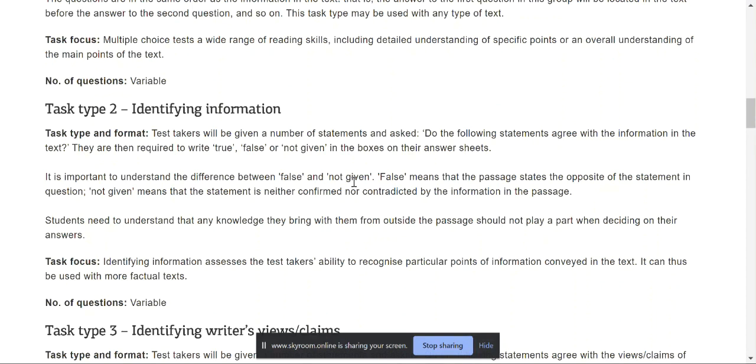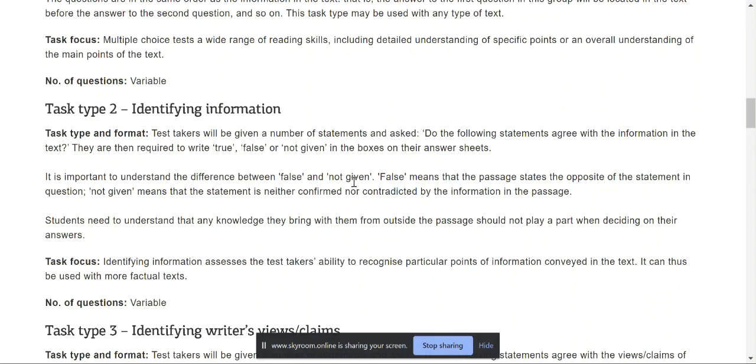Is it talked about exactly in the paragraph, or in the passage, maybe in general? You have to say it is true, it is false, it wasn't, or it isn't given. True, false, not given. Or yes, no, not given.